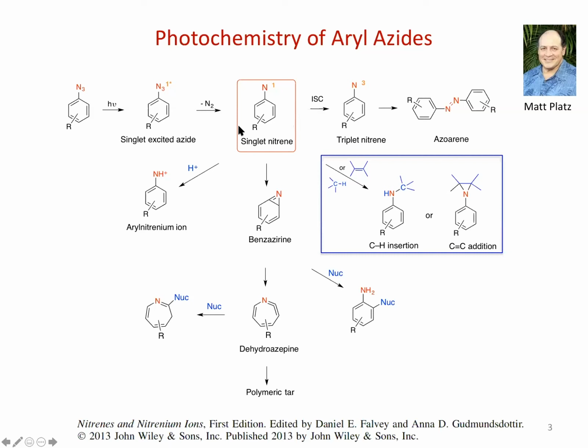The singlet nitrene is actually the branching point for all the subsequent reactions. Without the fluorine, it can undergo many different reactions: ring expansion, protonation, intersystem crossing, and of course the productive routes, which are CH insertion and CC double bond addition reactions.